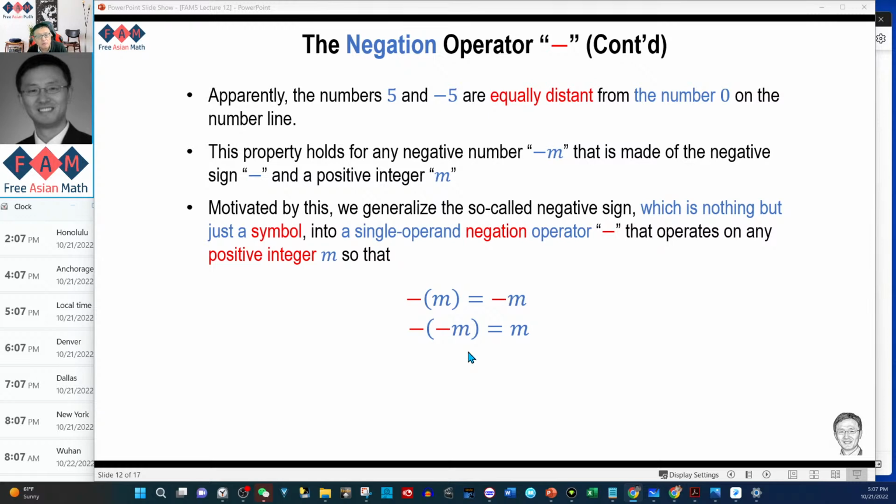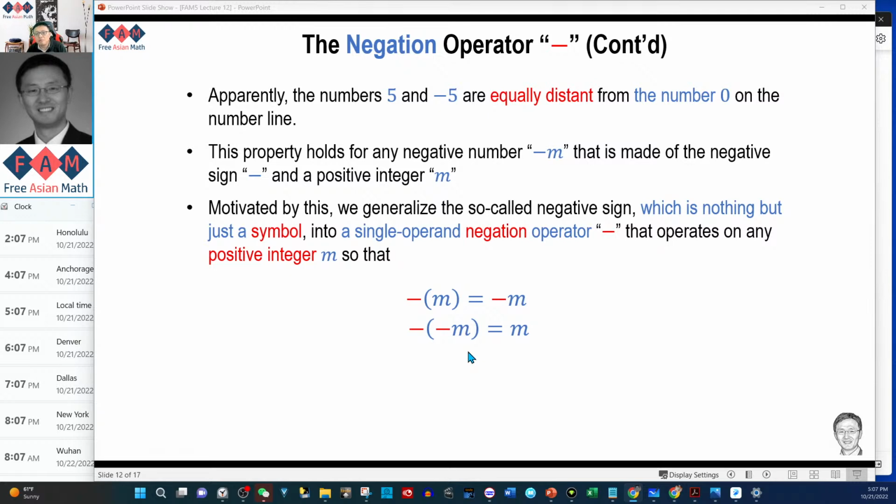How about 0? 0 is always back to itself, 0. There's no mirror image, right? Because 0 itself is not a mirror. So negative 0 is just 0. Negative negative 0, 0 again, always 0. So it doesn't matter how many layers of the negation operator you put in front of 0, it's always 0.